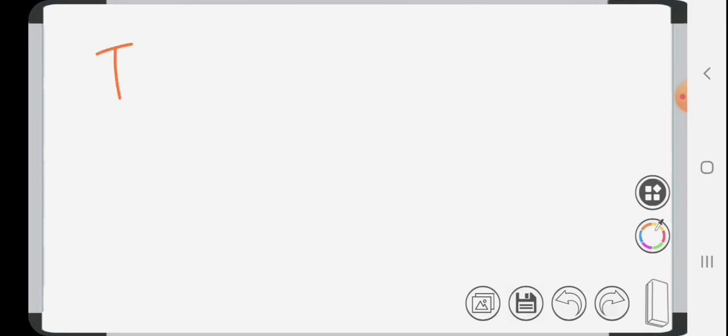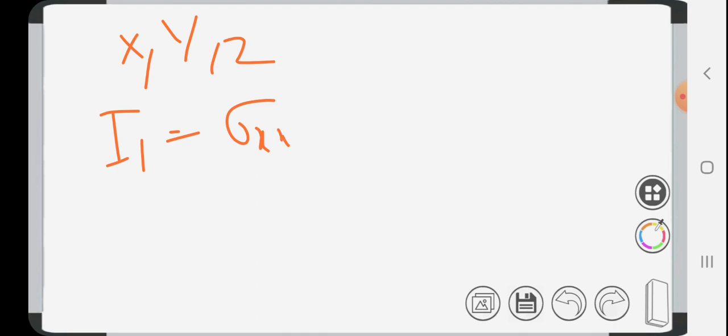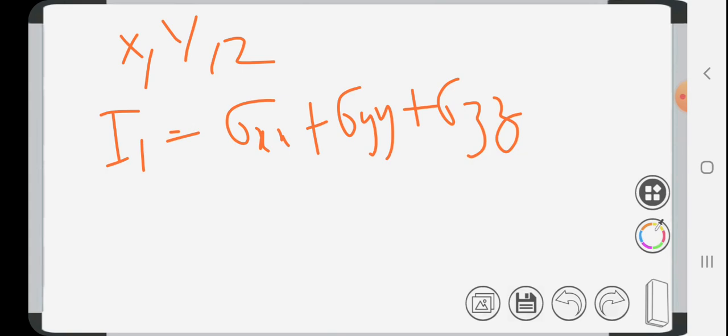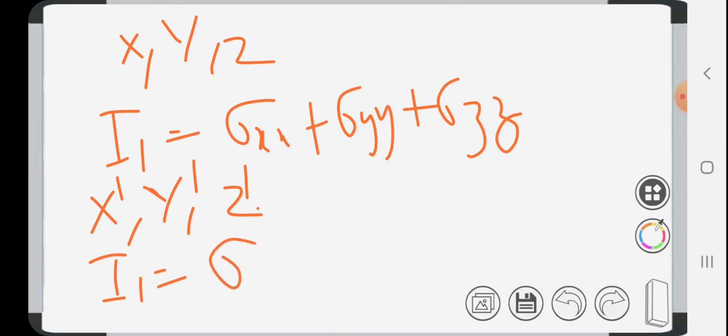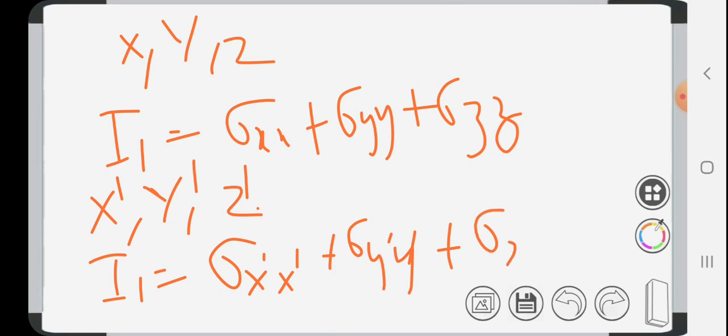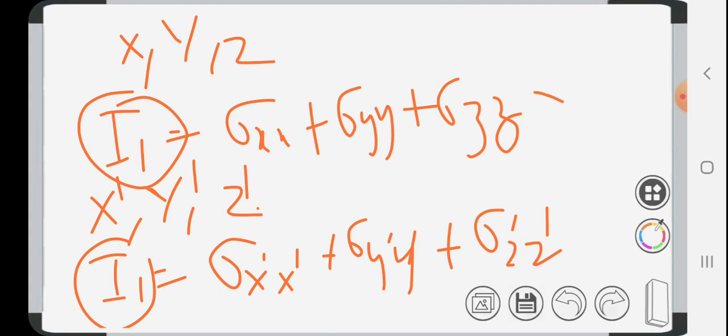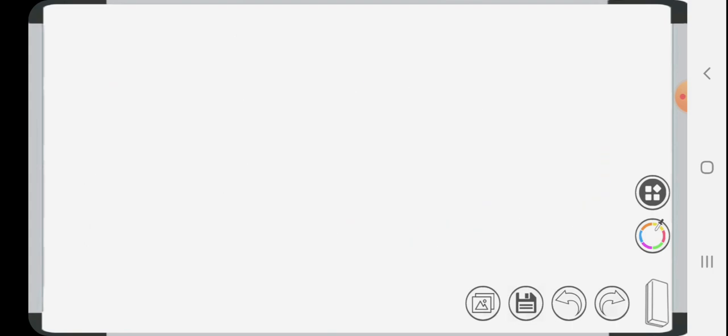So you calculated I1 based on the xy frame: I1 will be sigma xx plus sigma yy plus sigma zz. Based on x dash, y dash, z dash, I1 will be sigma x dash plus sigma y dash plus sigma z dash. But since this is invariant, these two values should be the same.